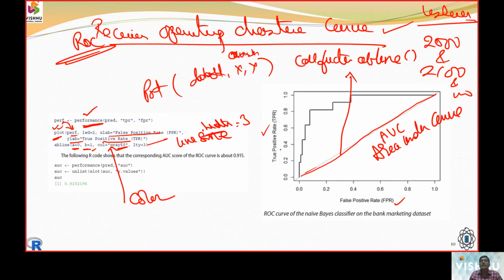So in this model, we have drawn the ROC curve for the naive Bayes classifier over the bank marketing dataset.